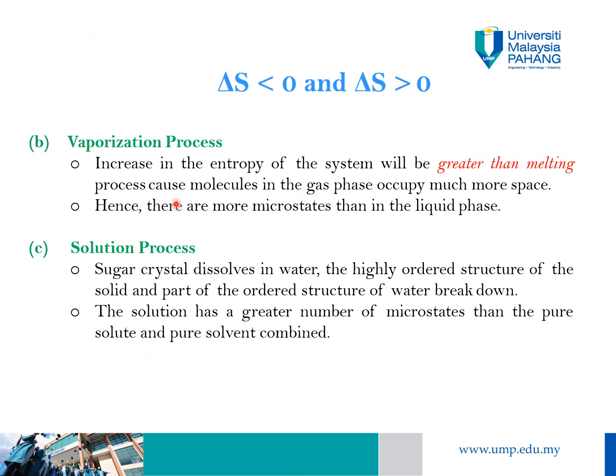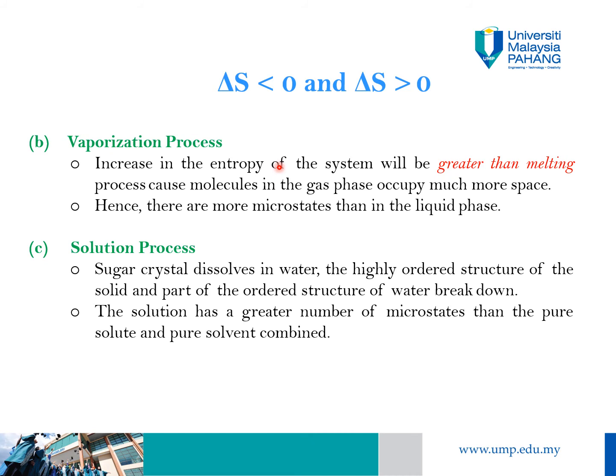In the vaporization process, the entropy of the system will be greater than in the melting process. It is because in the gas phase, the molecules can occupy more space compared to the liquid phase. For a process which involves an increase in the number of microstates, the entropy of the system increases, which means delta S is larger than 0.